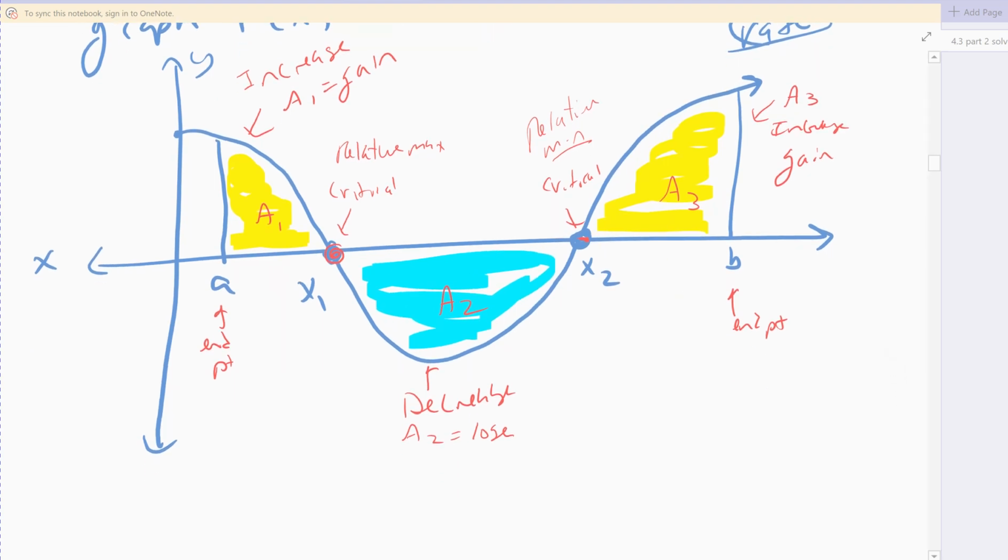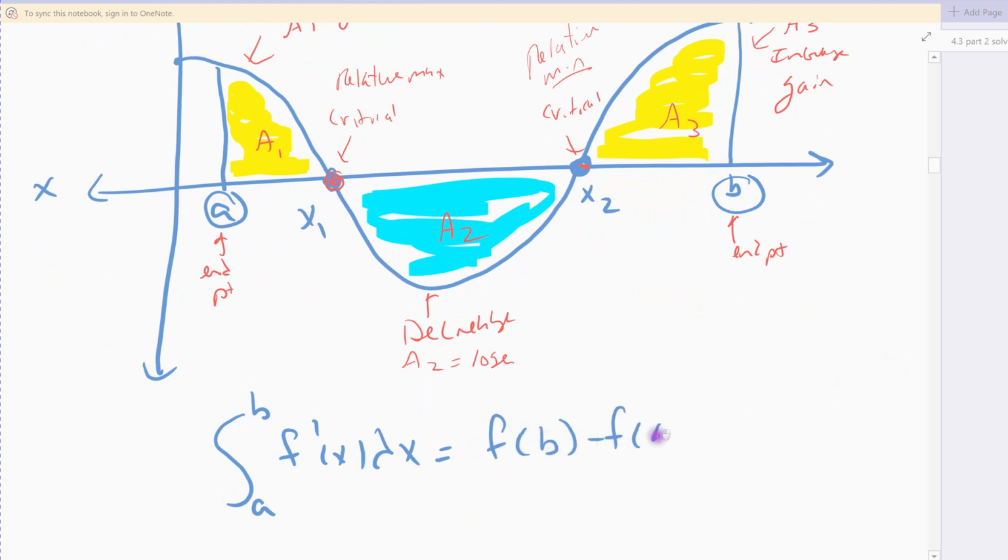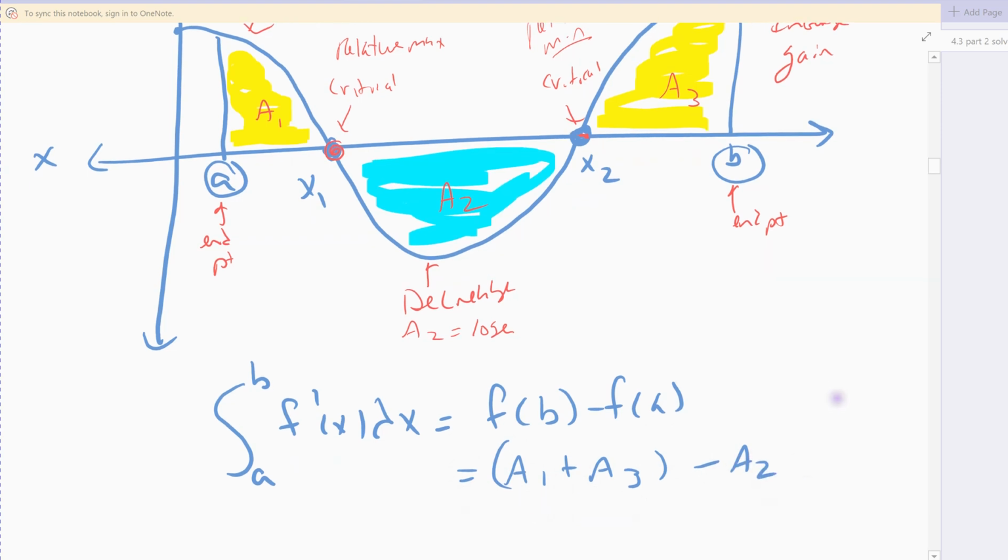All right, then the integration. All right, so if I'm integrating this, so I'm taking my integral from a to b, right, my starting point a and my stopping point b of my derivative that's drawn here, which would be f of b minus f of a. Well, that would be area 1 plus area 3, right, the positive areas, the yellow areas, minus area 2, right, whatever that difference is.